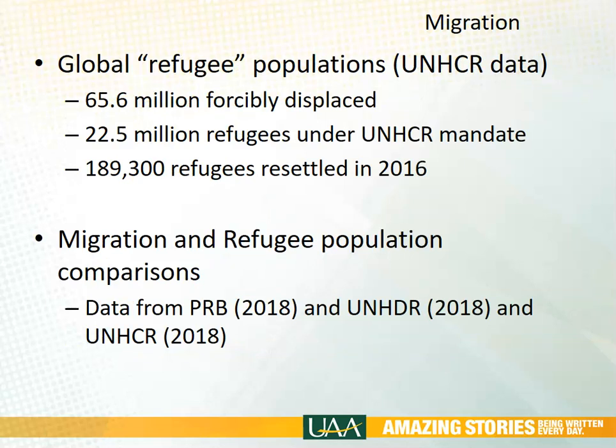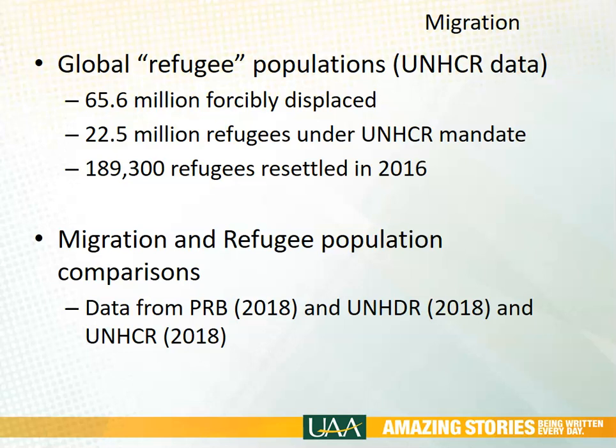There are huge numbers of refugees in the world today. According to the United Nations High Commission for Refugees, in 2016, there were over 60 million people who'd been forcibly displaced, and there were 22 million refugees who were under the UNHCR's mandate.